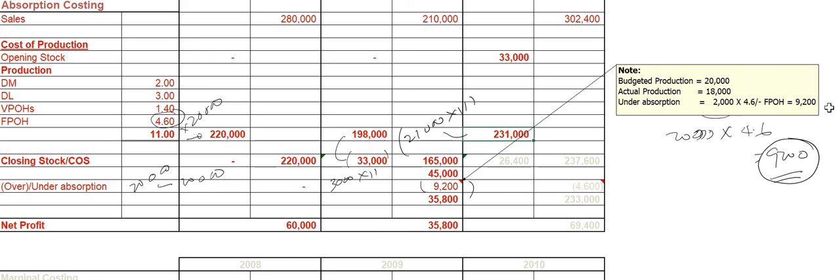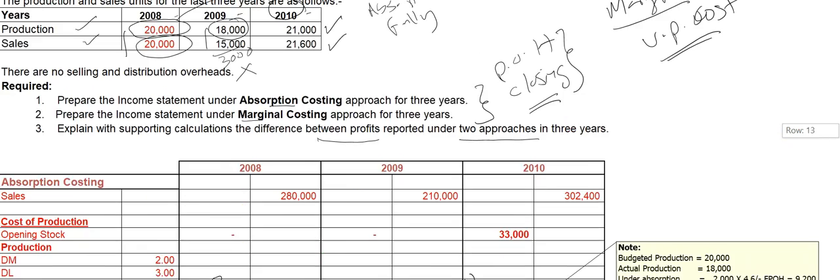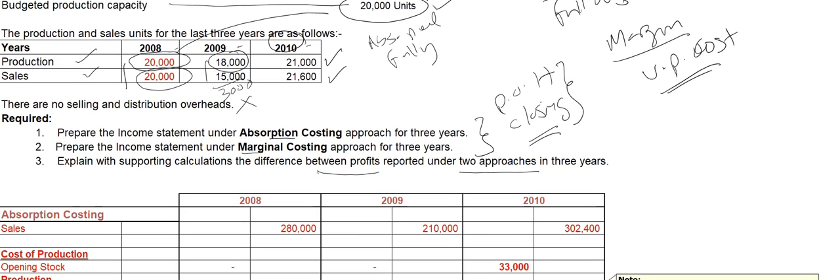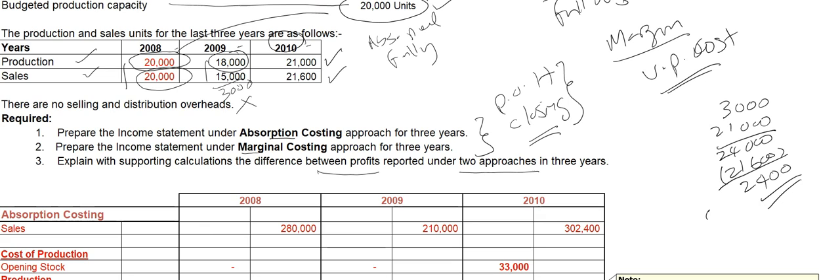And there again there is a closing stock adjustment to be made, because you had 3,000 opening stock, you produced 21,000, so total stocks 24,000, and you sold 21,600. So therefore your closing stock amount is 2,400.